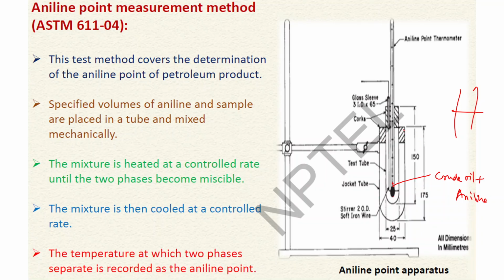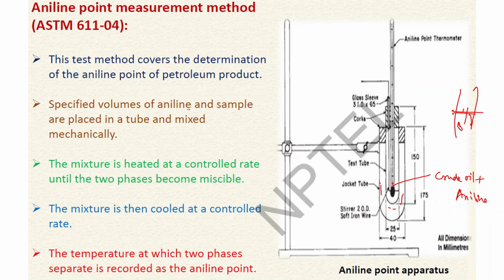There is an outer tube which consists of water for low boiling crude oils, meaning lighter crude oils, if they boil up to 50 degrees C. If it boils above 50 degrees, then glycerol is taken. Heating is done, and at a certain temperature you will see that the two phases form one phase by mixing.